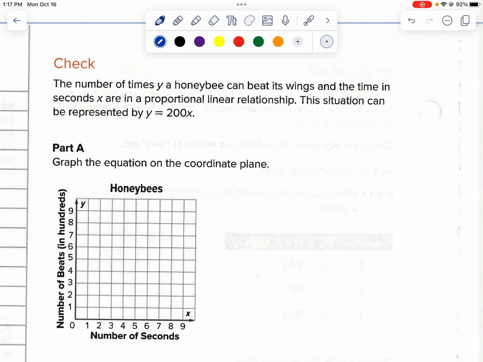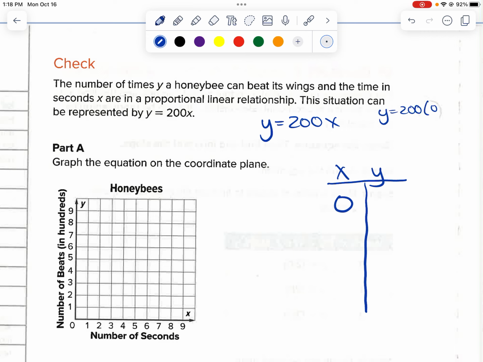Now some people get stuck because they're not sure what to do when all they see is a graph. Well, if you're given an equation, you always want to just make a t-chart. So if I have y equals 200x, plug in 0. 200 times 0 is 0. Plug in 1. 200 times 1 is 200.